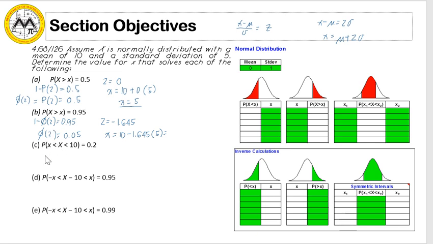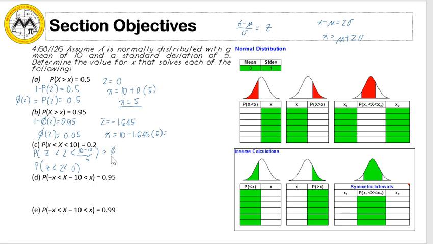So next would be, it would be between x and 10. So this would be the probability that z is in between a z value and (10 minus 10) over 5. So it would be the probability that z is in between z and 0.